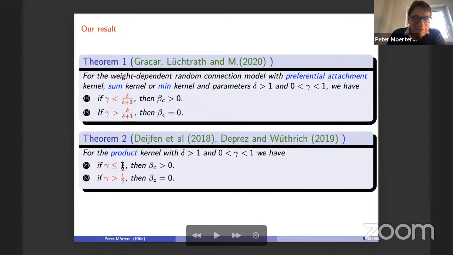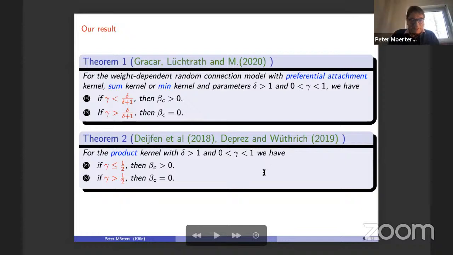I've written here less or equal, not because I'm generally interested in criticality here, because you typically do not have it if you have these infinite dimensional parameters. But when gamma is equal to a half, then the product kernel and the preferential attachment kernel give you the same graph.